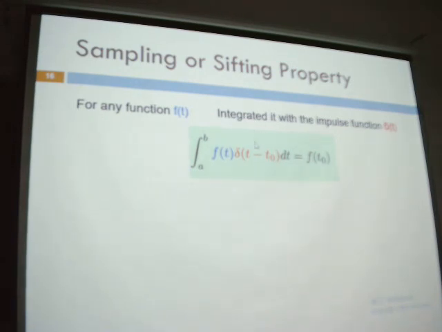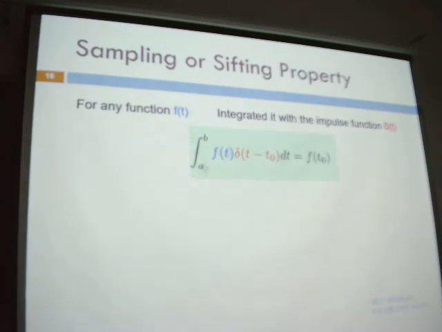If we integrate from a to b, the value will be f at t equal to t0. Why? Because the impulse is always equal to 0 except at the point t equal to t0, so their product just has a non-zero value at t equal to t0. So we can derive this.